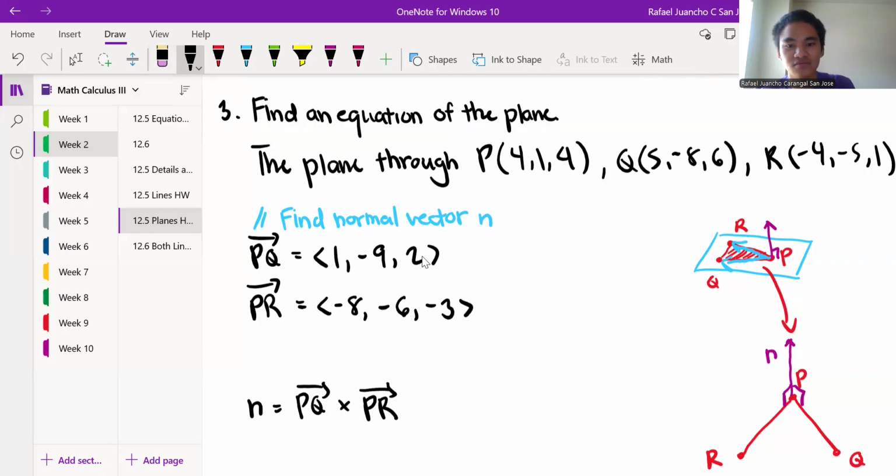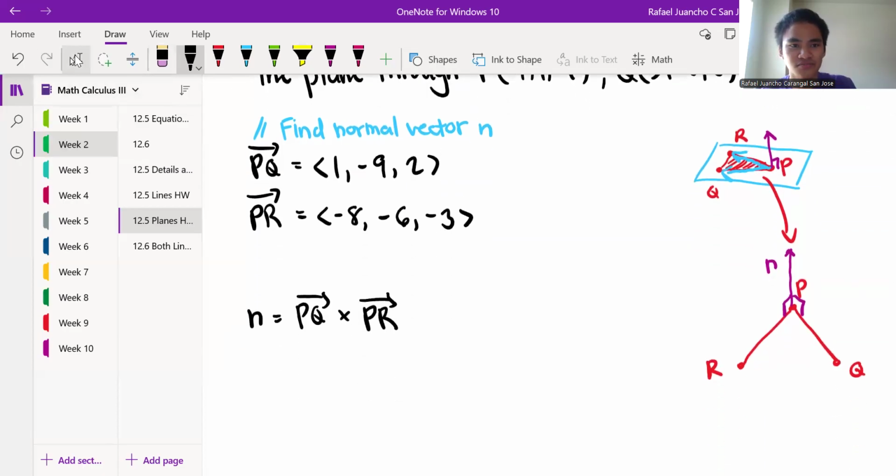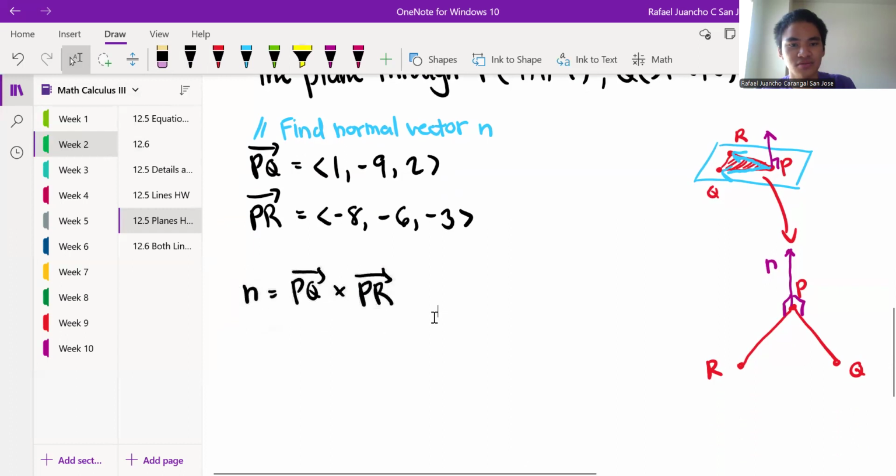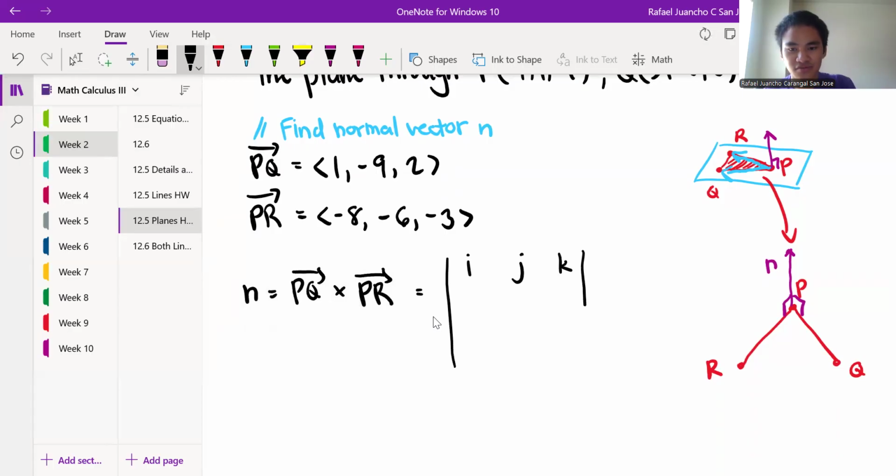Now we have our two vectors. And now we can just do a cross product. It's from a previous video, so I encourage you to please watch it if you haven't learned about cross products before. Okay, so this is 1, -9, 2.